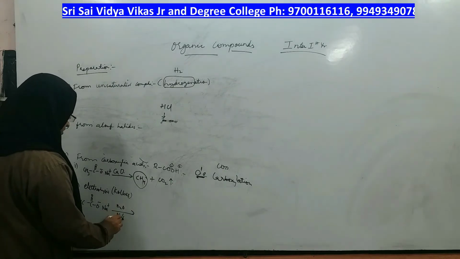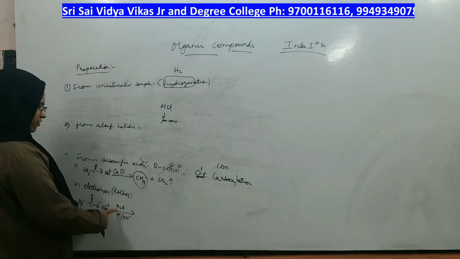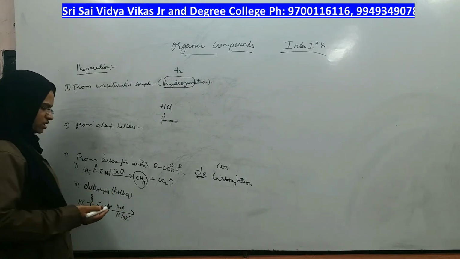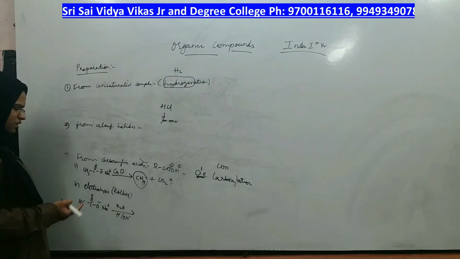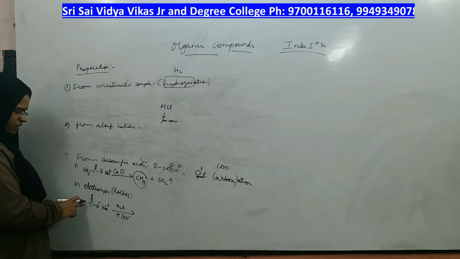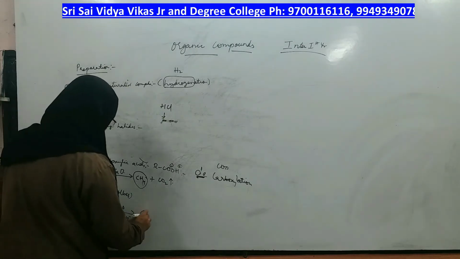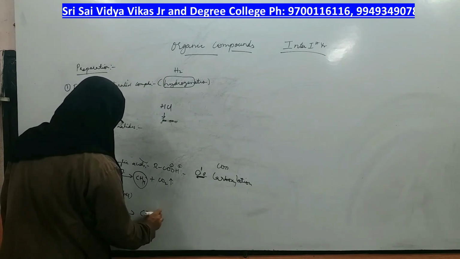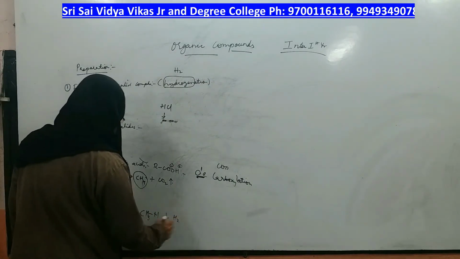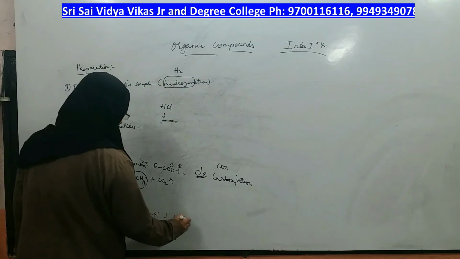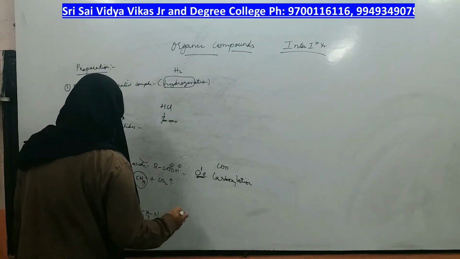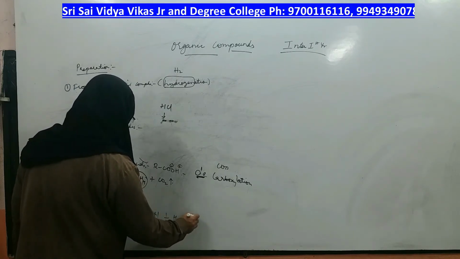H plus and OH minus, right? From that water, H plus ions will undergo reduction to give hydrogen gas, and OH minus ions will undergo oxidation to give oxygen gas. What will happen to this CH3? CH3 will get one hydrogen to give you methane, and water is formed at reduction, meaning cathode, and carbon dioxide, oxygen gas is formed at anode.